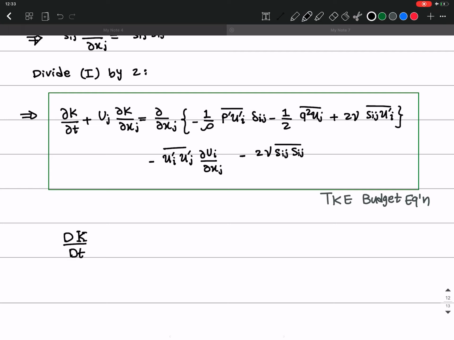Okay, so similarly, we can find an equation for capital K, mean kinetic energy, which is 1/2 Ui Ui.